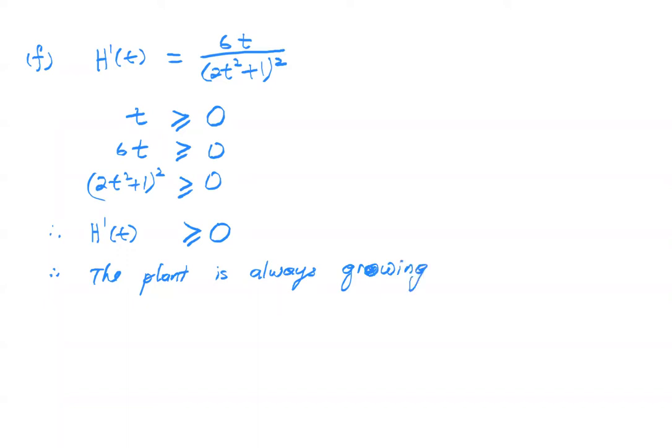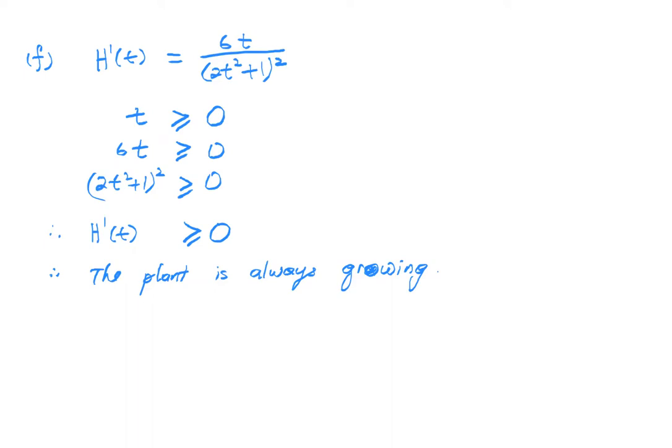Correct? It's always growing. Or you can say the height of the plant is always increasing. Also can. Yeah. So up to you. So that is the significance of it.